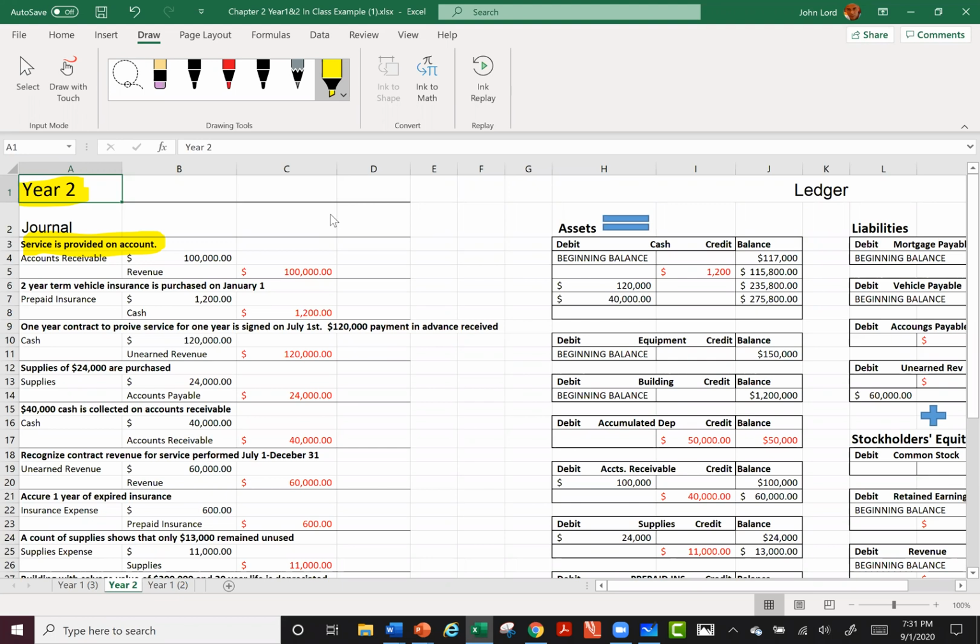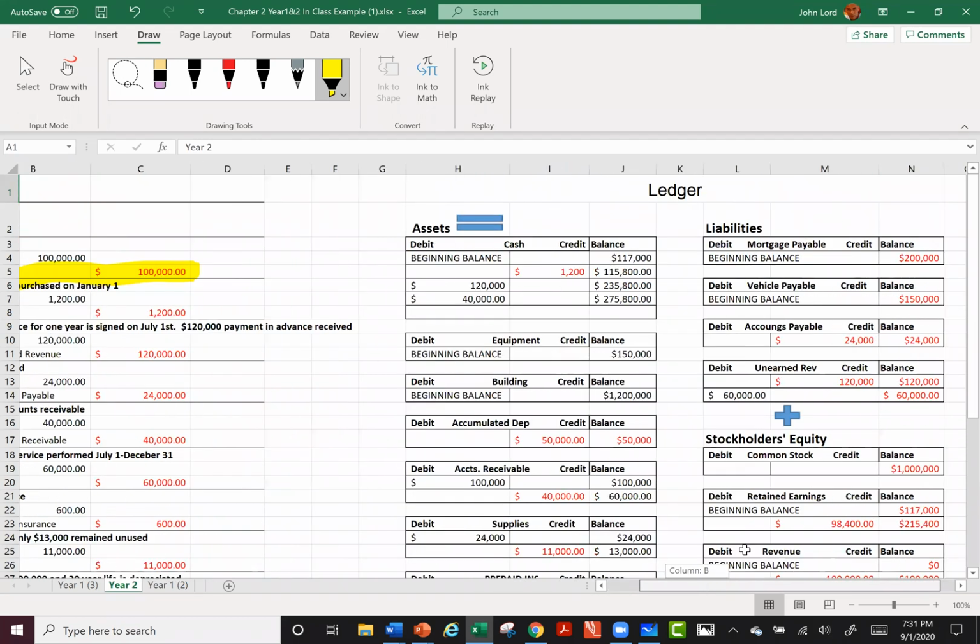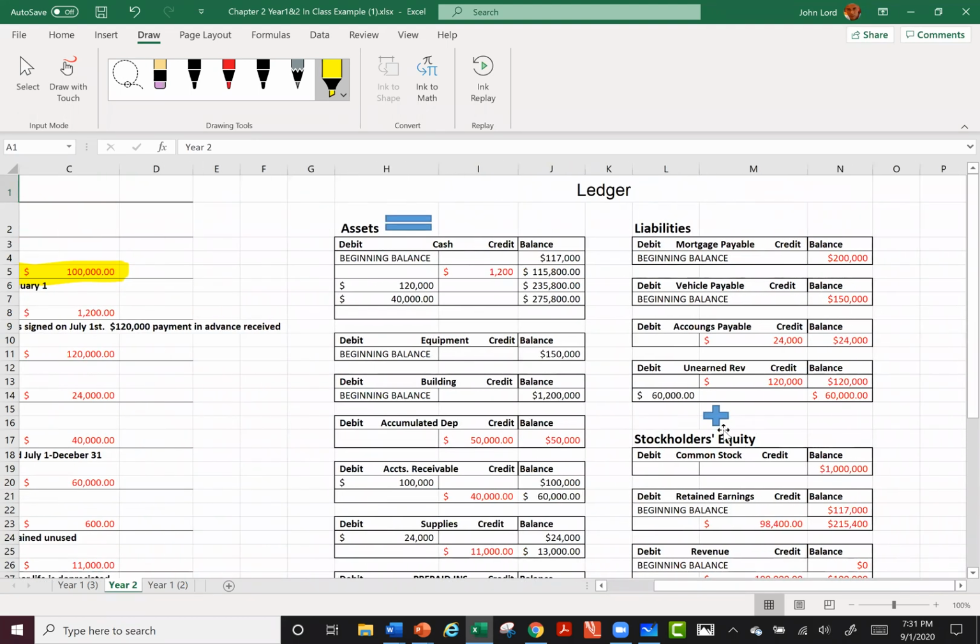We've done the service, but we're going to get paid later. So since we've provided the service, even though we're going to get paid later, under accrual accounting, that doesn't matter. We can take that full amount of revenue as soon as we provided the service.